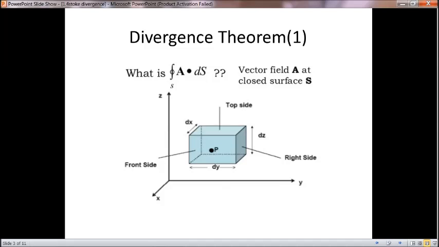So we have to take a three-dimensional view, and over it we have to pick one arbitrary point.